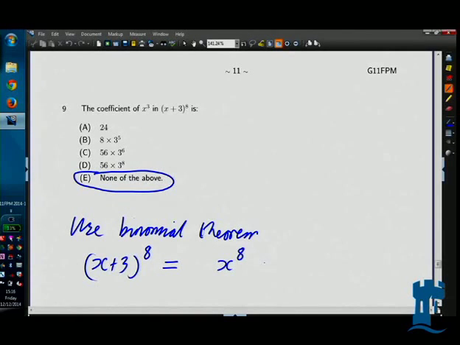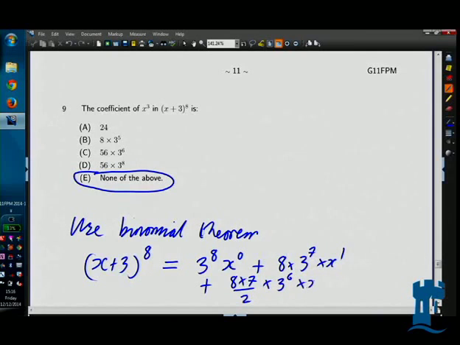So let's start with 3 to the 8th times x to the 0, plus 8 times 3 to the 7th times x to the 1, plus 8 times 7 over 2 times 3 to the 6th times x squared, plus 8 times 7 times 6 over 2 times 3 times 3 to the 5th times x cubed, and so on.